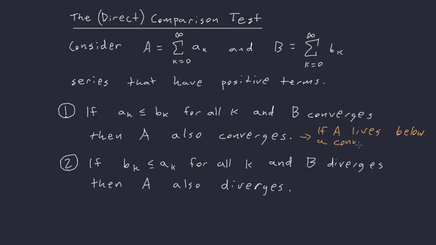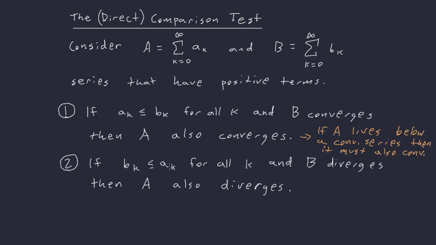Okay, so if A lives below a convergent series, then it must also converge. Think about that. If you are trapped below another series, if all of your series' terms live below a known series that you know converges, then A must also converge.